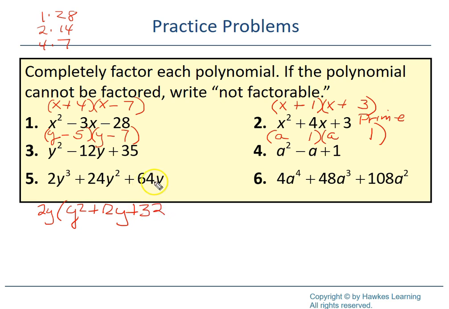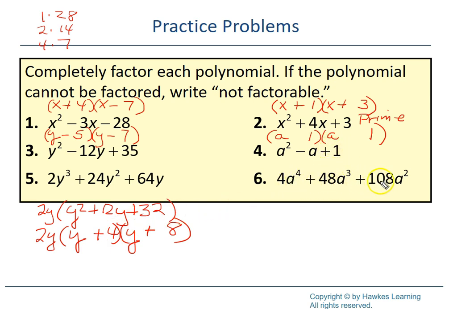Take a 2 out of there and a 2 out of there. So we get 2y, two sets of parentheses, y, and that looks like 8 and a 4. And some of these are easy, as long as you remember your multiplication tables a little bit, and this checks out.